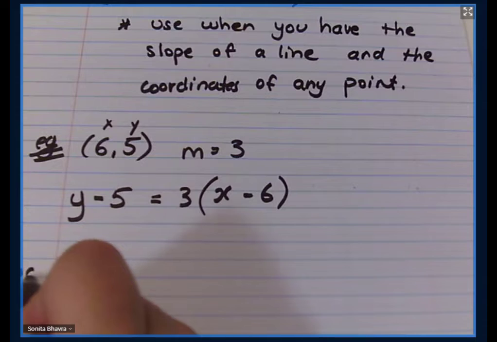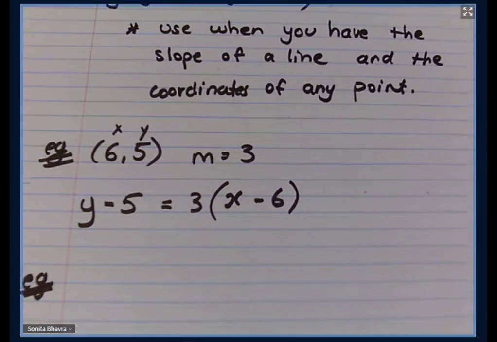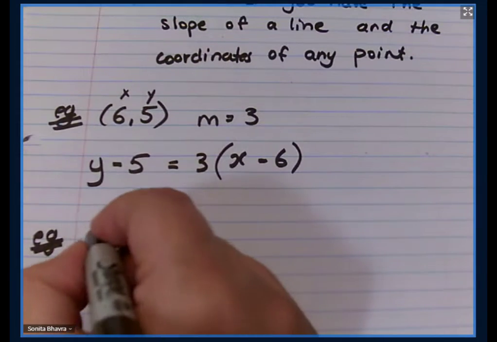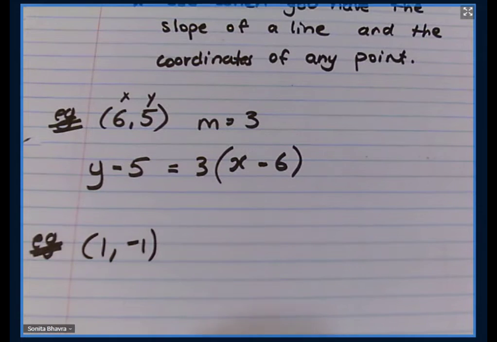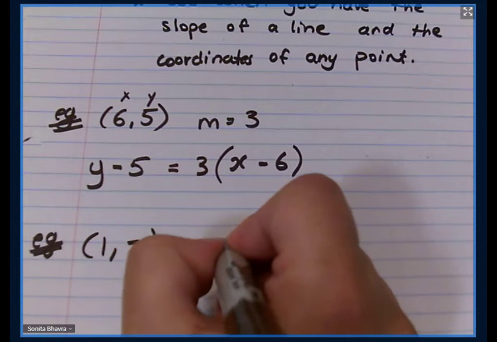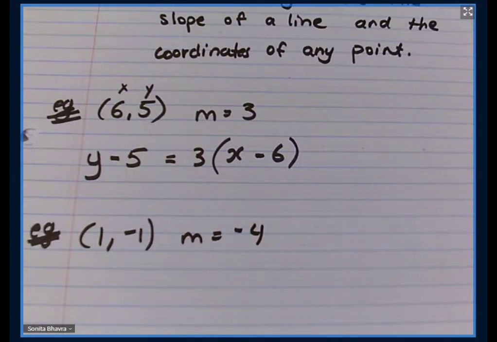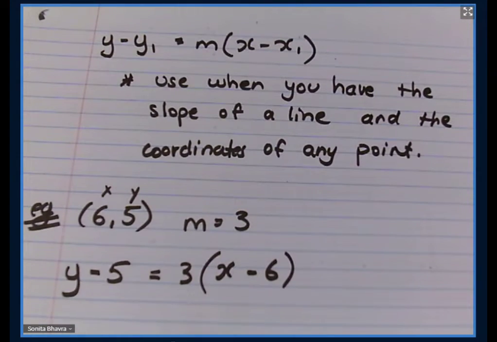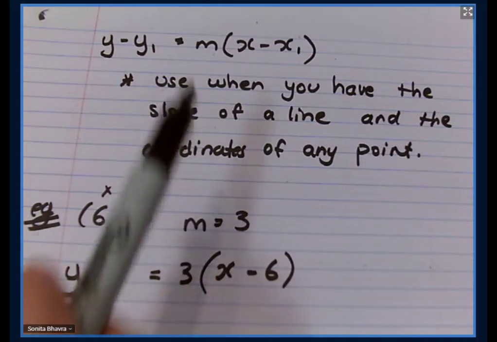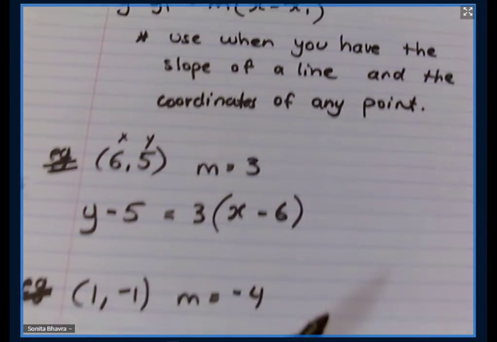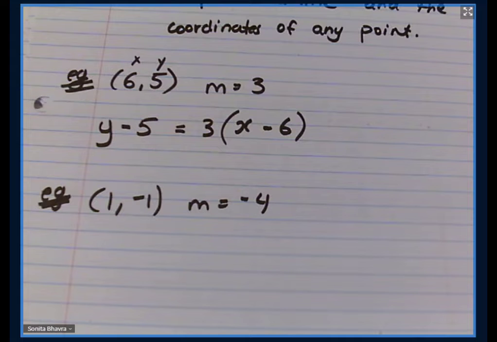Let's take a look at our next example. In this example, we are given a point 1, negative 1, and our slope is equal to a negative 4. All right, so using our formula again up top, we can put our equation into this slope point form.